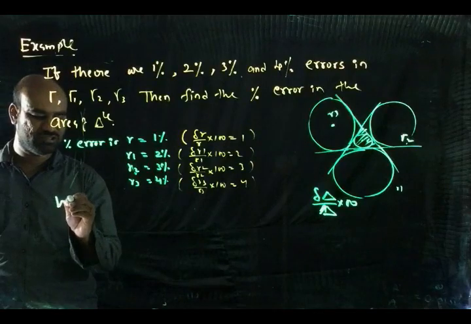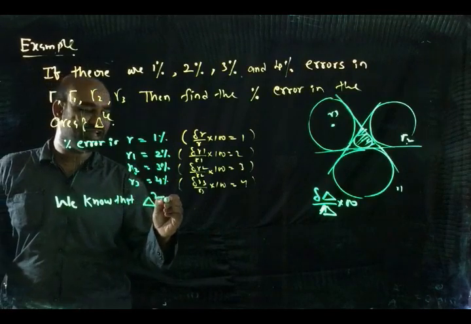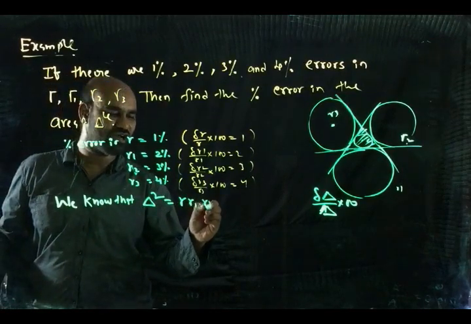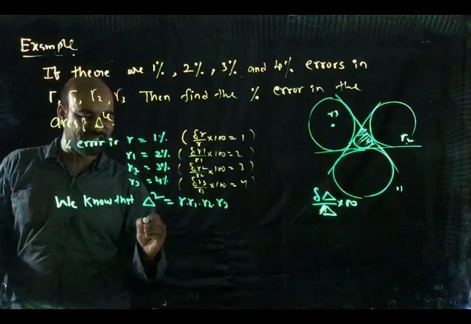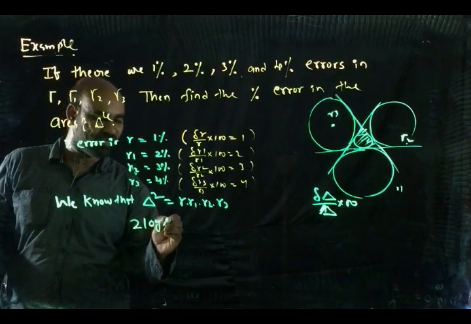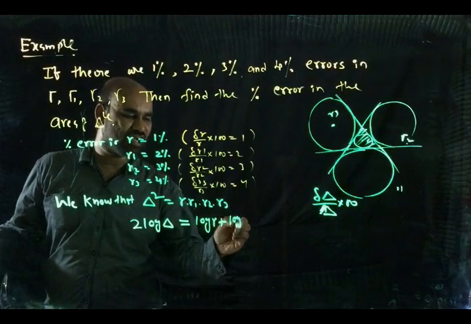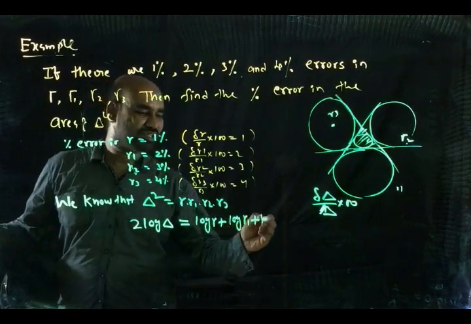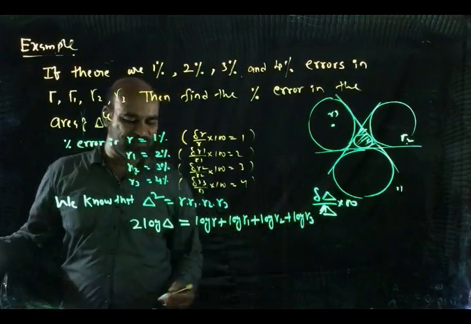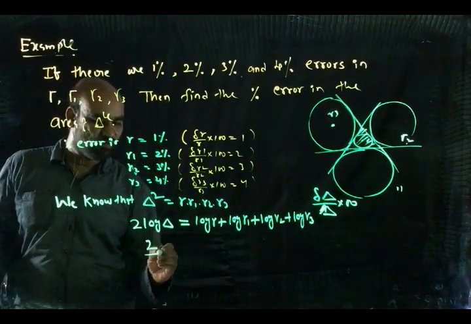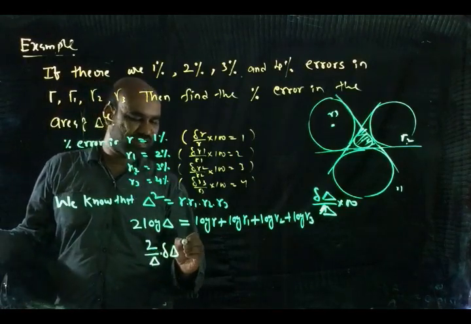We know that delta square is nothing but r into r1 into r2 into r3. Applying log on both sides, 2 log delta equal to log r plus log r1 plus log r2 plus log r3 with the base e. Differentiating, 2 by delta into delta, small delta is capital delta.